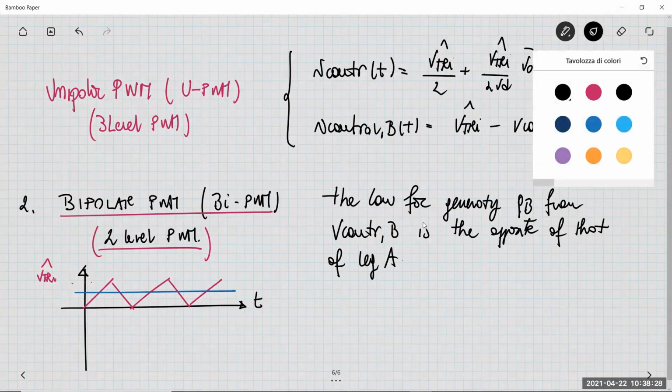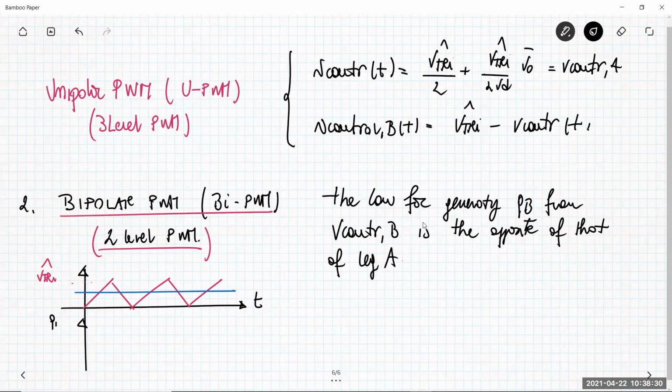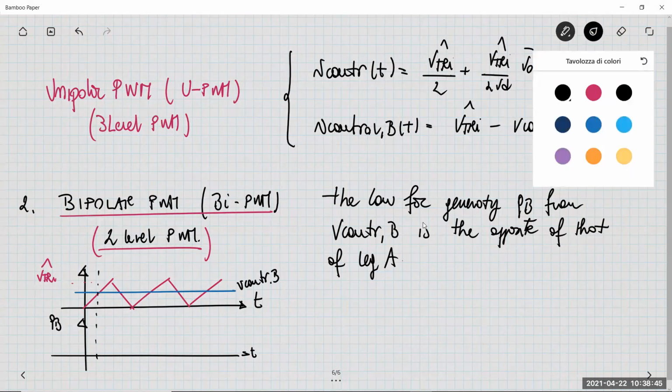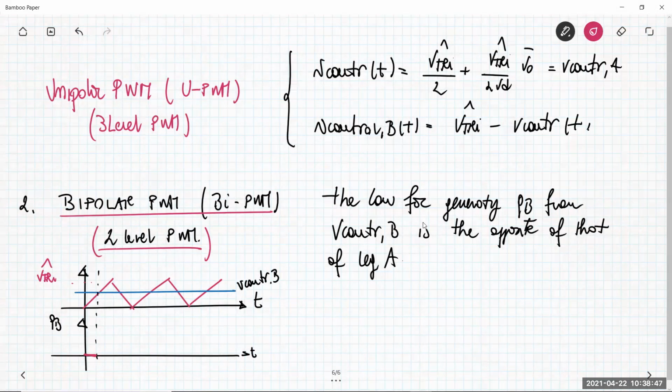How is the unitary switching function QB generated? Any time the control voltage V control B is higher than the triangular voltage, the unitary switching function will be 0. Otherwise, it would be 1.